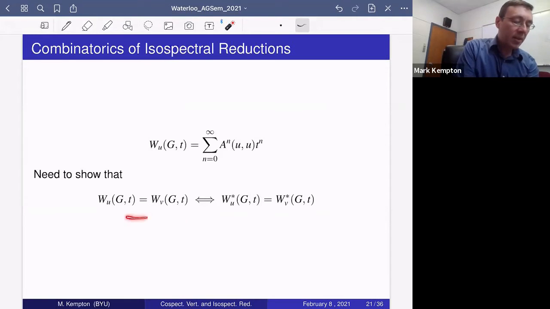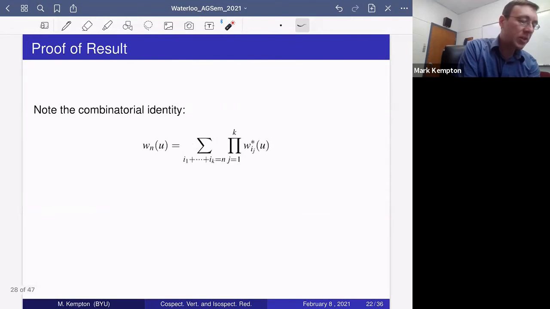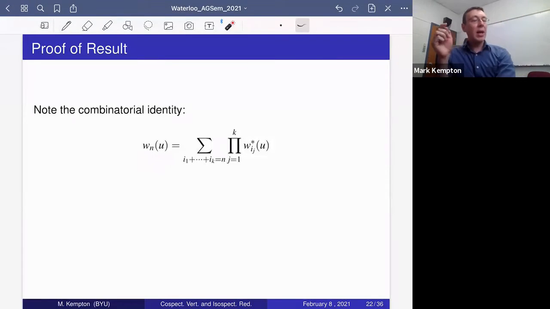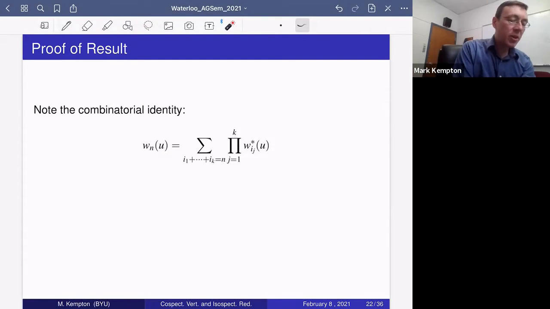Once you've reduced it down to this, it's just a matter of thinking through the combinatorics. So you can express all of the closed walks of a given length at the vertex U in terms of these non-returning walks, the walks that go away from U and don't come back to U until the very last step.